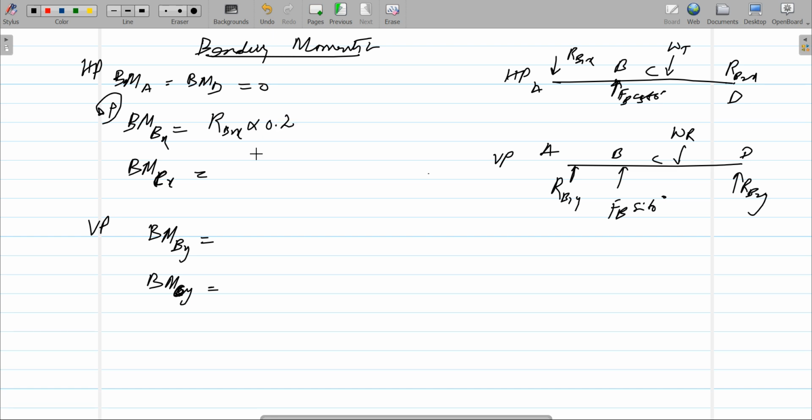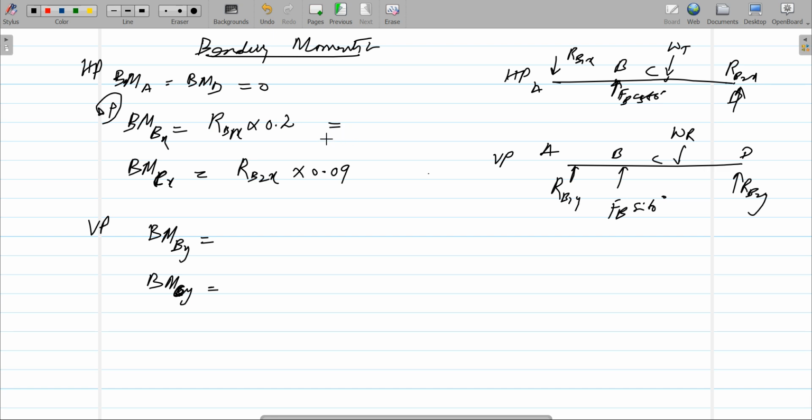RB1x into 0.2. Similarly, at this point we have RB, upward direction. So this is RB1x, and this is RB2x into 0.09.